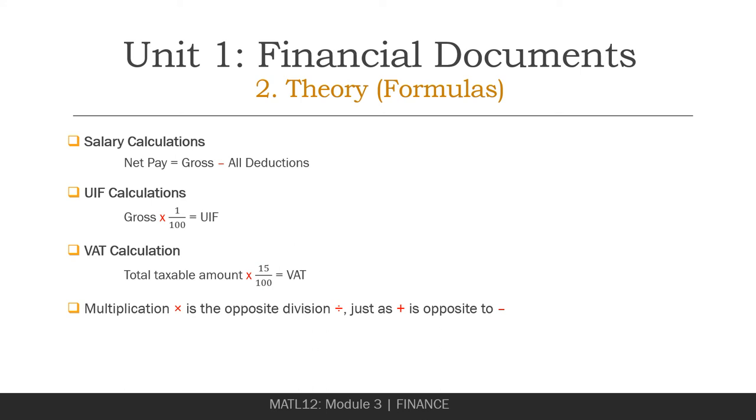For example, if right now you've got 10 rands, and I add 5 rand, you'll have 15 rand. But if I say I don't want to give you this 5 rand anymore, then how would you go back to where you were? You subtract the 5 rand that you previously added.